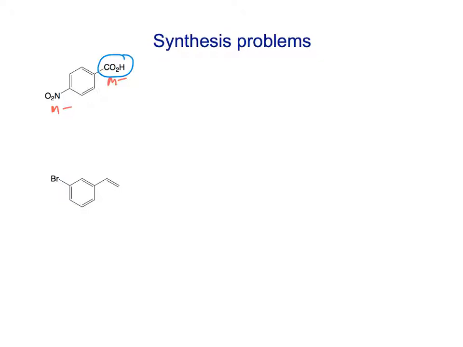Okay, so if we go backwards here, we're going to have to go back first to an alkyl group at that para position. All right, so we could pick any alkyl group we want as long as that alkyl group has a hydrogen at the benzylic position.